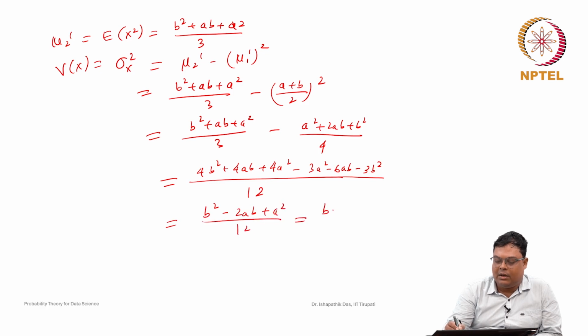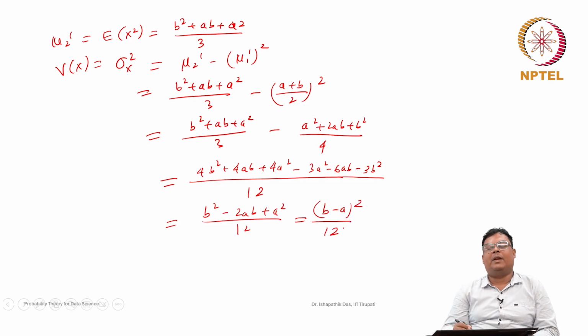So, this is nothing but b minus a whole square by 12. So, this is the variance of the uniform distribution. So, these are some of the properties we found: the probability density function, the cumulative distribution function, and also the mean and variance of this continuous random variable.